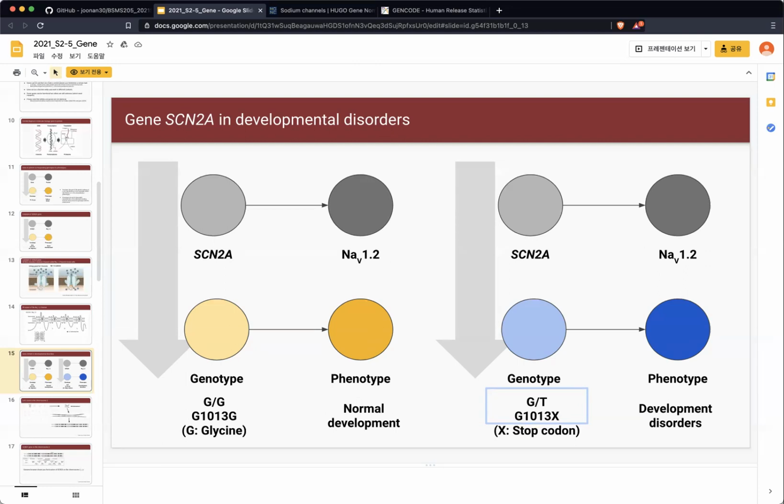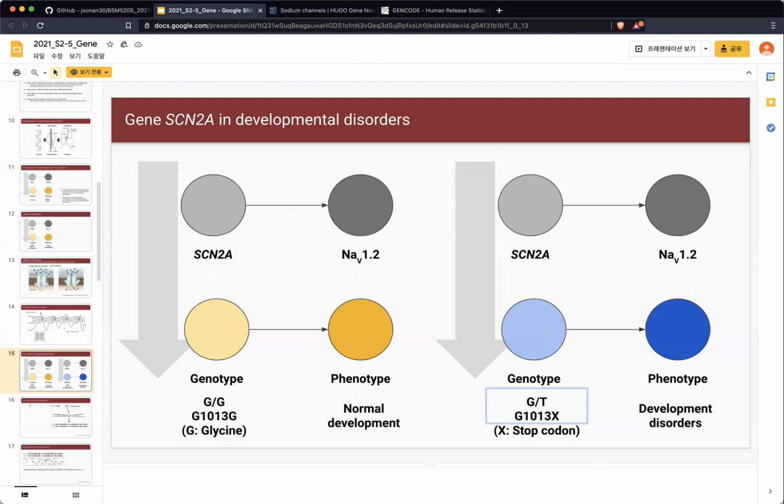That is an interesting question, and not really the matter in this context, but if you have this mutation in your genome, then it leads to a range of neurodevelopmental disorders. It could be epilepsy, autism, or intellectual disability, because SCN2A is quite pleiotropic, meaning it has diverse functions in development.